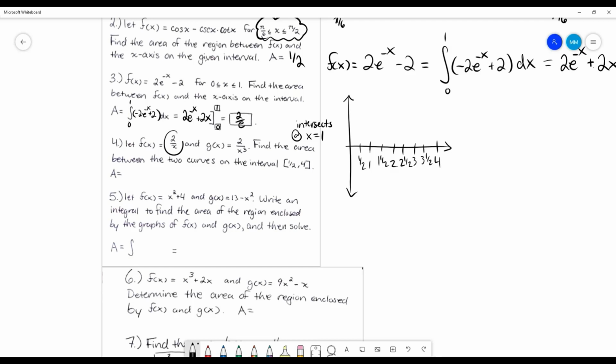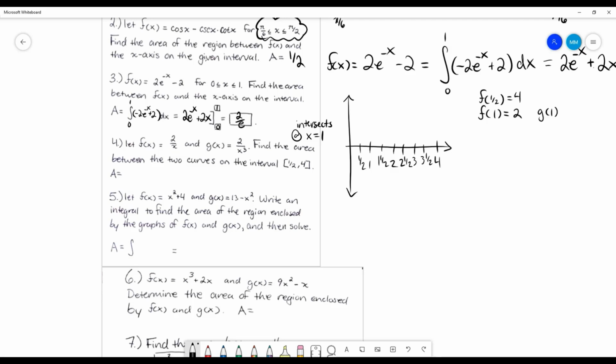So let's see, if I plug in 1/2 for that 2 over x, it's going to be 2 over 1/2, which is then just 2 times 2 because we're dividing by a fraction. So it's going to be 4. So I'm just going to make a note of that over here. f of 1/2 equals 4. And then, of course, we want to know that intersection point. So f of 1 equals 2.